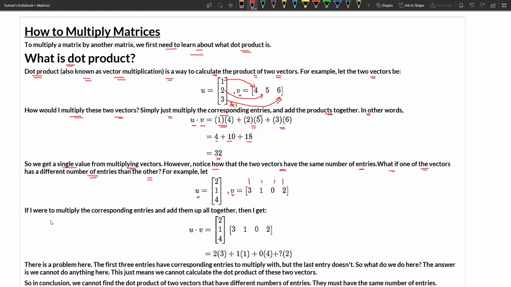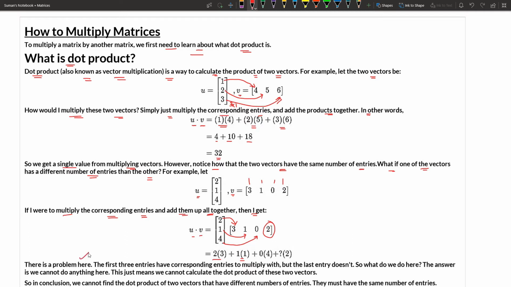If we multiply the corresponding entries and add them up, what do I get? u dot v means 2 is multiplied with 3, 1 is multiplied with 1, 4 is multiplied with 0. Then what do we multiply with the value 2 in the fourth column of the vector v?